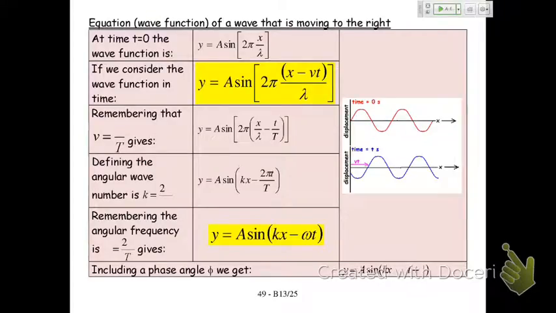Now, I want an equation which is y equals some function of x minus vt for a positive going wave, and y equals some function of x plus vt for a negative going wave.